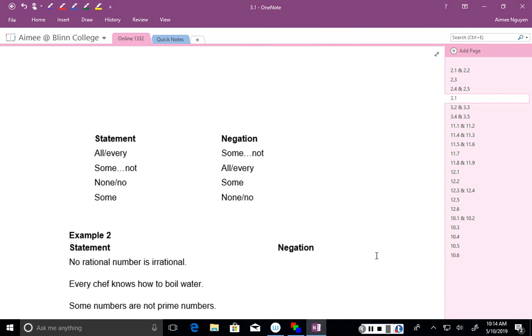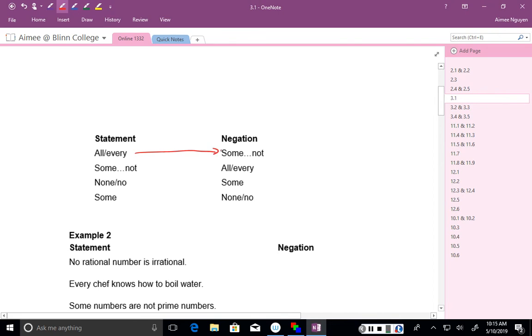If I were to say that all people at Blinn College want to go to Texas A&M, that would not necessarily be true as long as there was one person here that didn't want to go. So the opposite of all the people here wanting to go is not that nobody here wants to go. It's just that there's at least one person that doesn't want to go. So the opposite of all is not none. The opposite of all is that some do not.